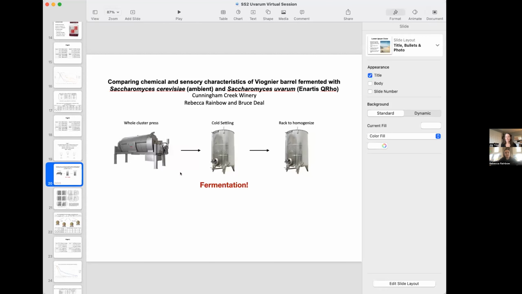So for pretty much the same reasons, we always struggle with really high pH in our Viognier. And so anything that can help us add less commercial acid would be great, also for cost reasons. When we add acid to fermentations, we usually do a ratio of tartaric to malic.